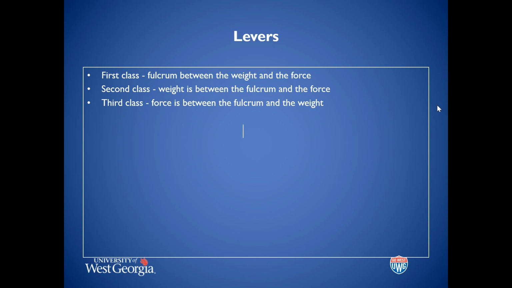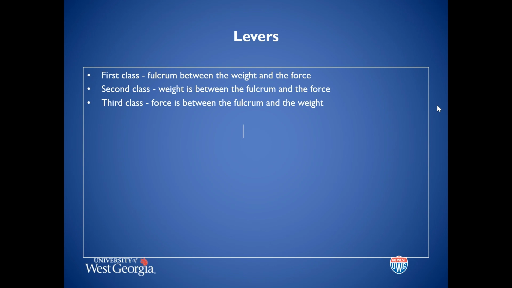Third class levers are probably the most common we see as it comes to muscle structure. And this is where the force is between the fulcrum and the weight. So think about almost reversing the wheelbarrow. So the fulcrum comes first, and then the force is applied in the middle, and then the weight is on the outside.